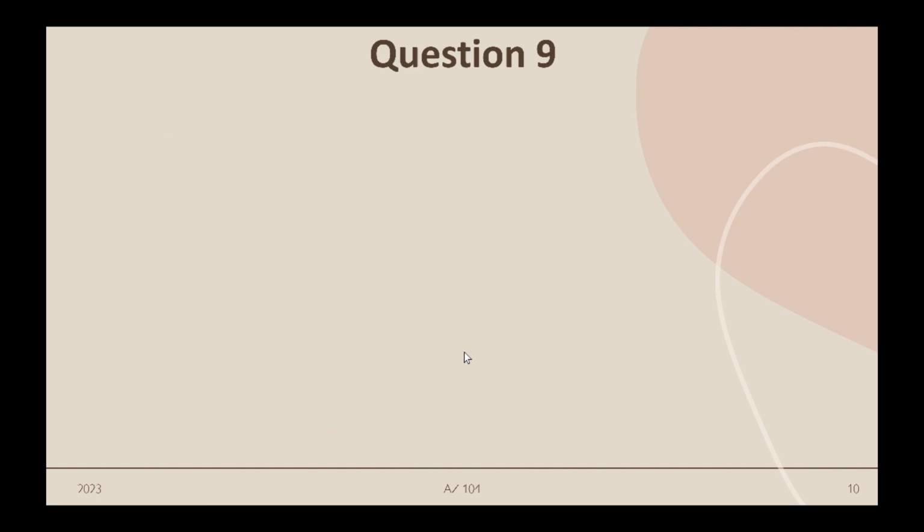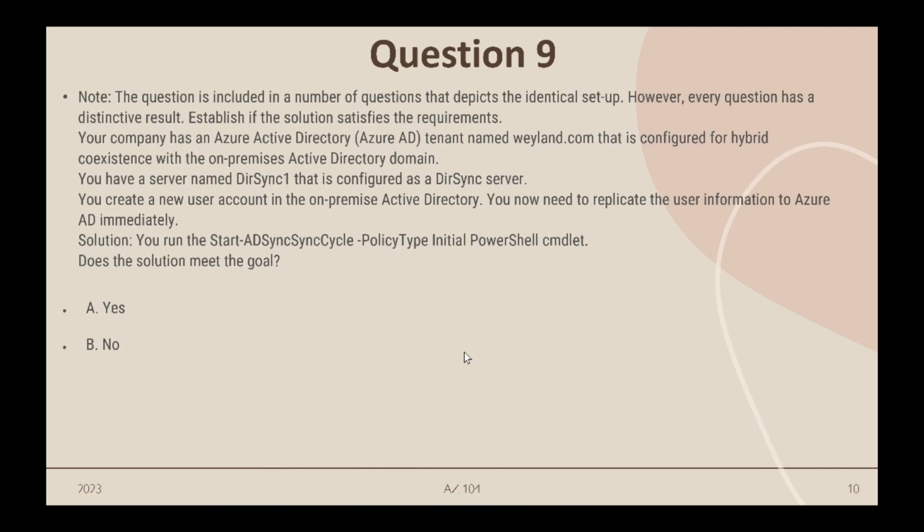Now let's look into question number 9. The question is included in a number of questions, so it is a similar type of question, but this is a different question. Your company has an Azure Active Directory tenant named Valent.com that is configured for hybrid coexistence with the on-premises Active Directory domain. You have a server named DirSync1 that is configured as the DirSync server.